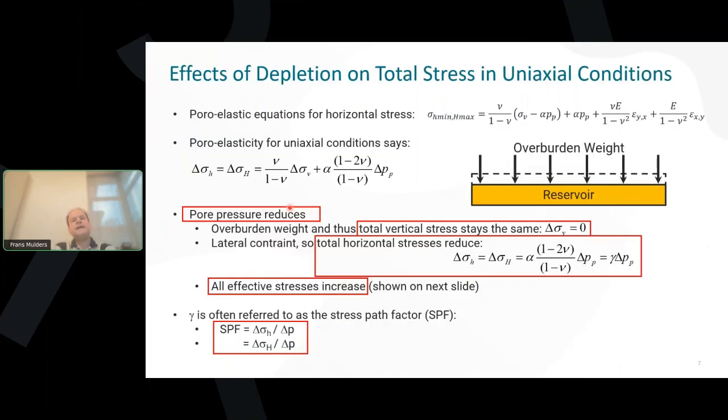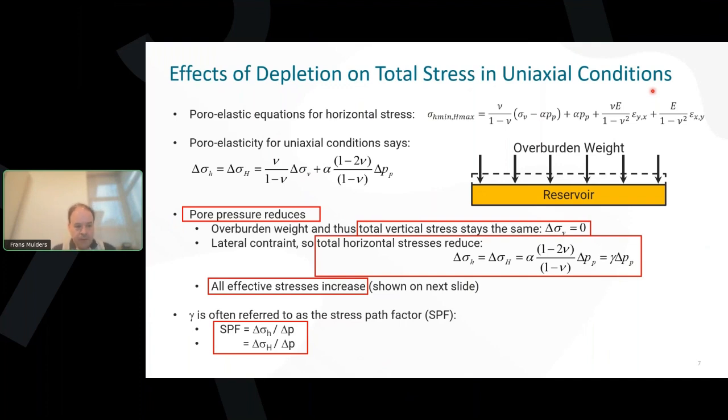So how does that work in terms of analytical solutions? In order to understand that, we need to look first at our poro-elastic equations for horizontal stress. So if you take this equation, which is basically a 3D solution of Hooke's law, when you put a stress onto a sample, you deform it according to the Young's modulus.